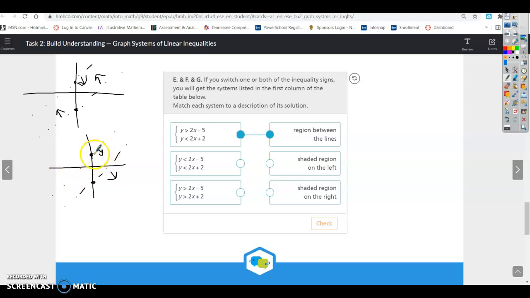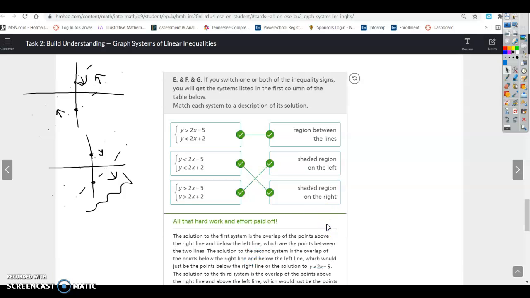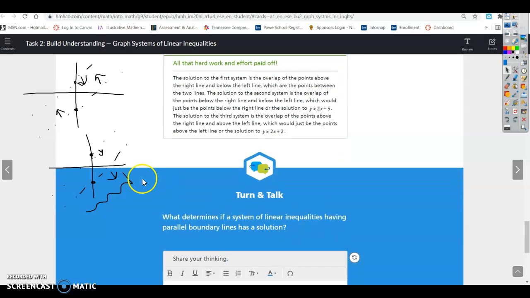So if it's less than both lines, then this bottom area here would be a solution to both inequalities. So it says the region shaded to the right. All right, so if we have the same thing except these are greater than, they would both be shaded on the other side, which would be to the left. All right, that's all for task 2.